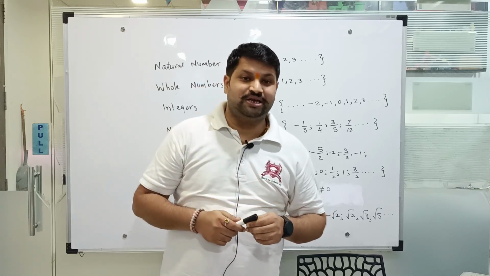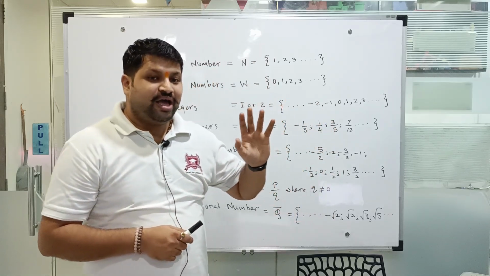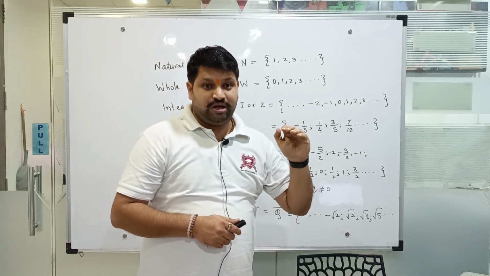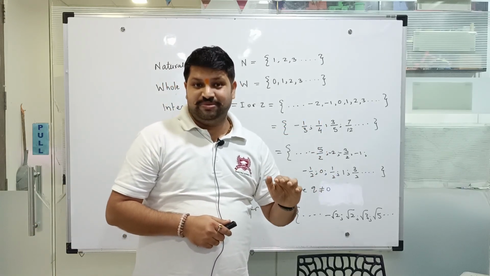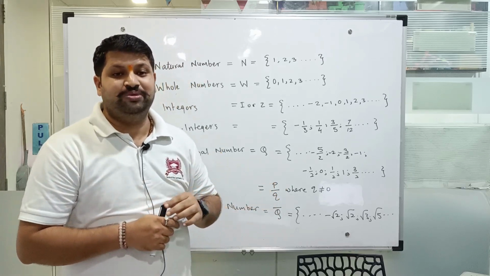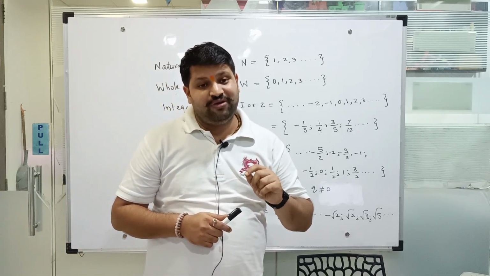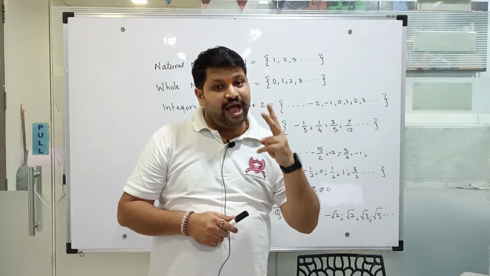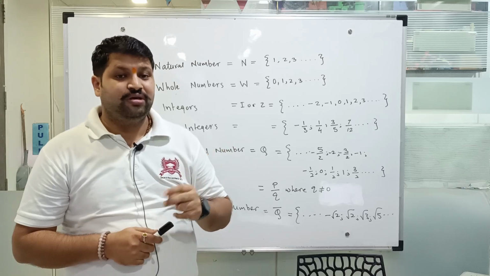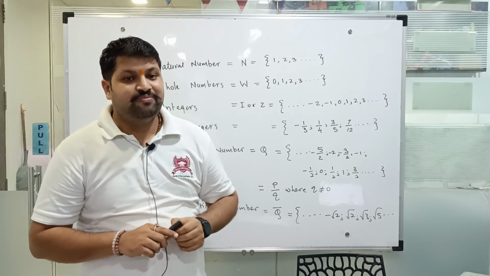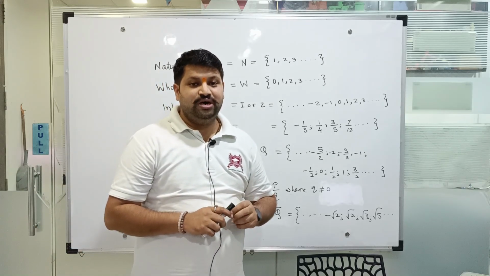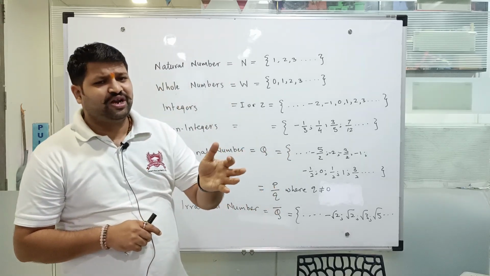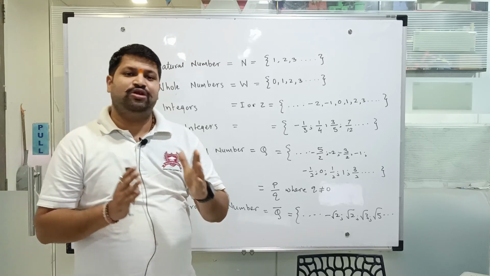So, if the division happens and the division is recurring or it is terminating, then it is going to be a rational number. However, if we do the division and it is non-terminating and non-recurring at the same time, then the number we are going to get is going to be an irrational number. So how are we going to figure out whether the given number is rational or irrational?